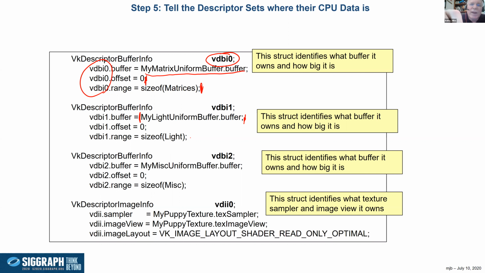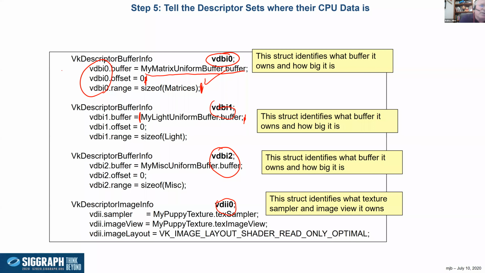And so we've created these 4 variables that describe the number of bytes that are going into this particular descriptor set. And again, you've got to make sure that the definition of these structs in the C program matches what's in your shader.